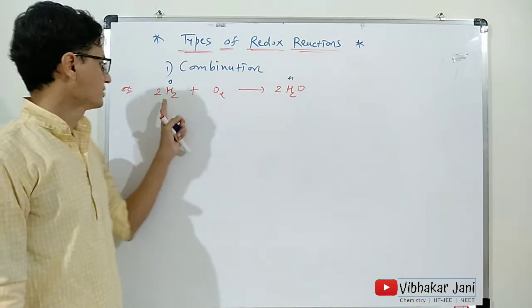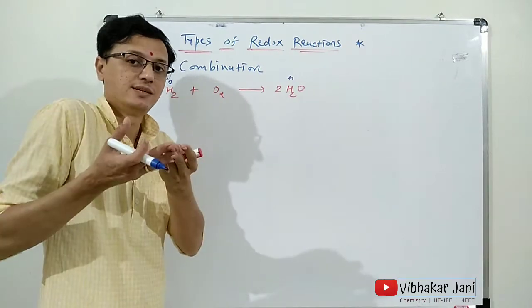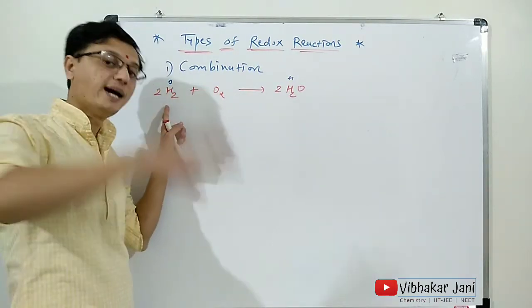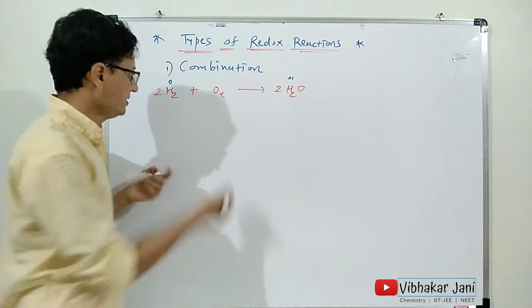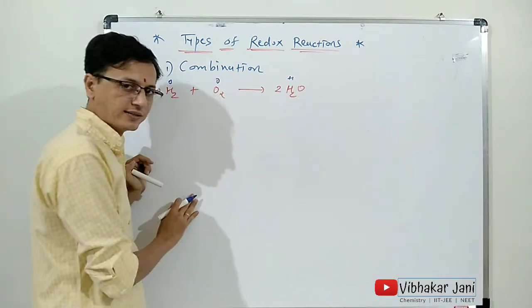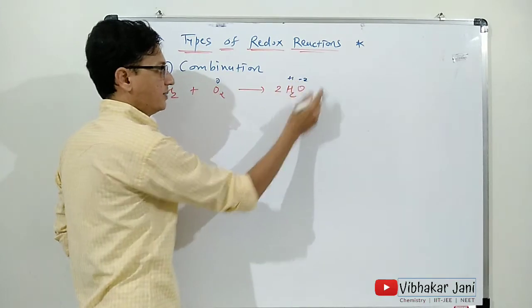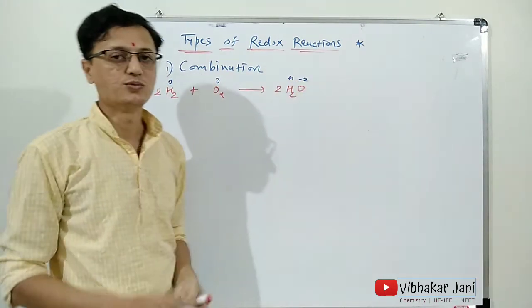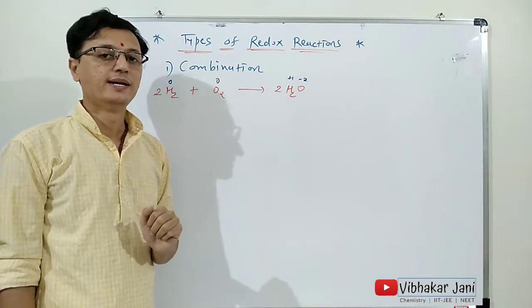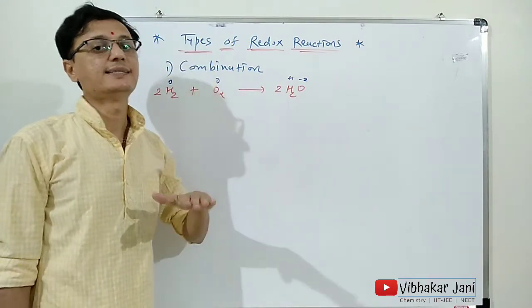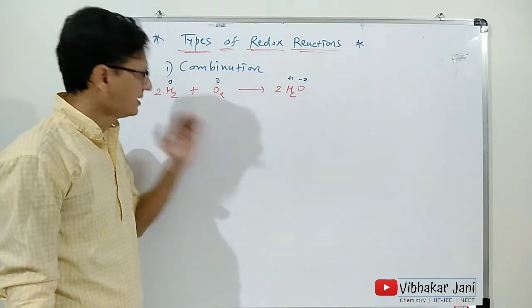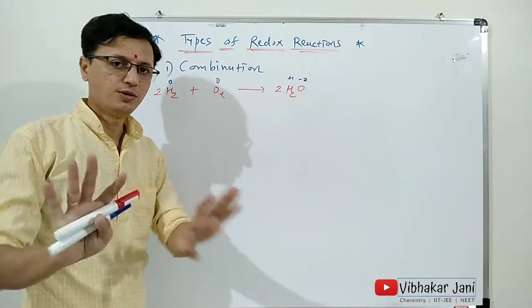That means the oxidation state increases, so hydrogen is oxidized. For oxygen, the oxidation state is 0, but in water it is -2. So it becomes 0 to -2. That means a decrease, and as the oxidation state decreases, it is said to be a reduction reaction. So this reaction is ultimately a redox reaction.